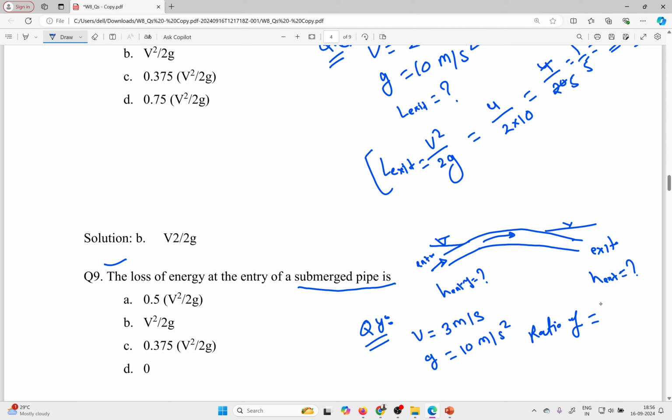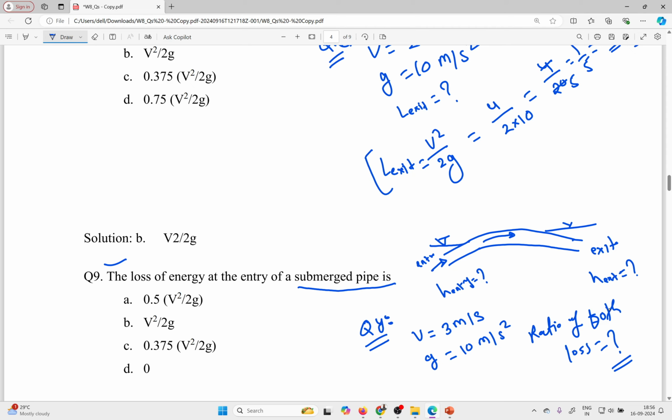Ratio of both losses, entry and exit? Both losses means here I want to know from your side H exit by H entry.